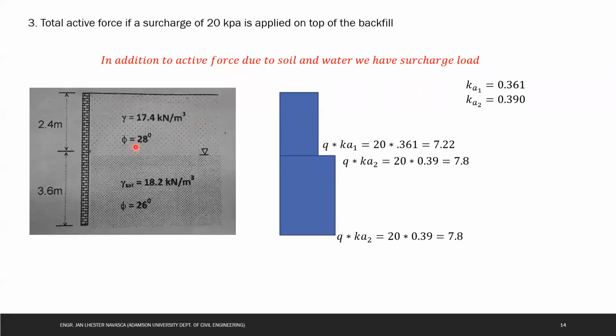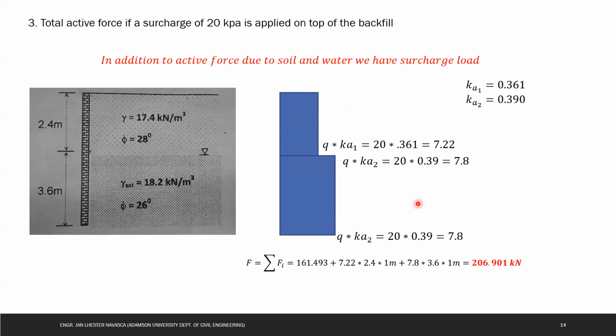So you have this at point 2.4, you have this 7.22, and here you have this 7.8. Therefore, you have this pressure diagram: Q times K sub A sub 1, so 20 times 0.361, and Q times K sub A sub 2, which is 20 times 0.39, giving you this 7.8. And the pressure from top to bottom is the same.